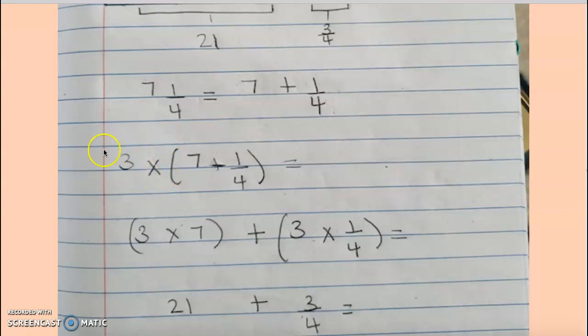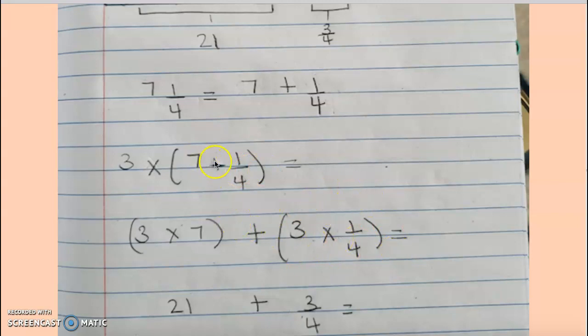Now, one thing with distributive property, you must always multiply the number on the outside by whatever is in the bracket. So we have 3 times 7 plus 1/4. So we have to represent it as 3 times 7. So I show that here. And then we have to also multiply 3 times 1/4, which I represented here.